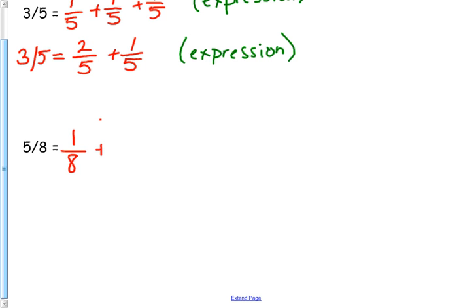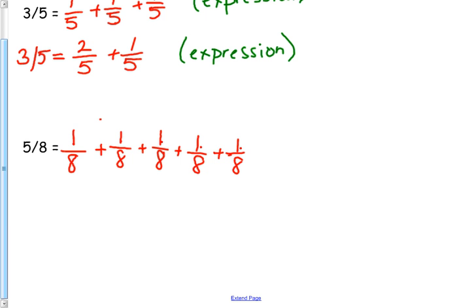Now I need 5 of those because my numerator is 5. So 1/8 plus 1/8 plus 1/8 plus 1/8 plus 1/8. And if I count them, I can be sure I have 5. 1, 2, 3, 4, and 5.